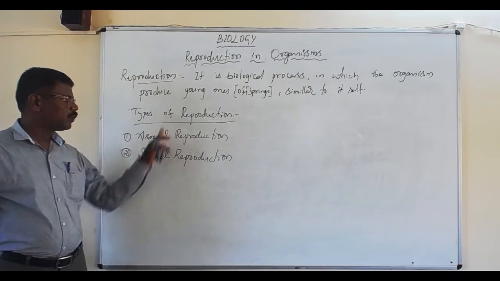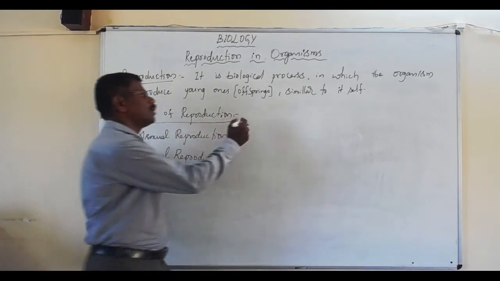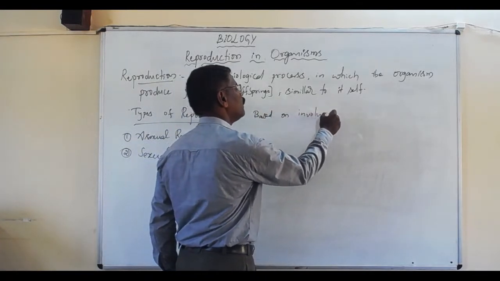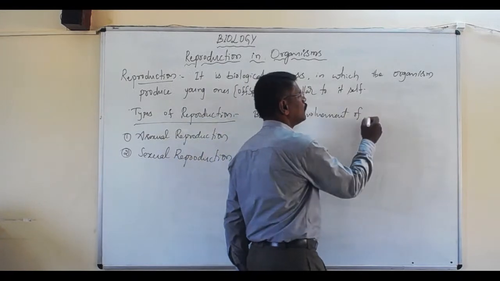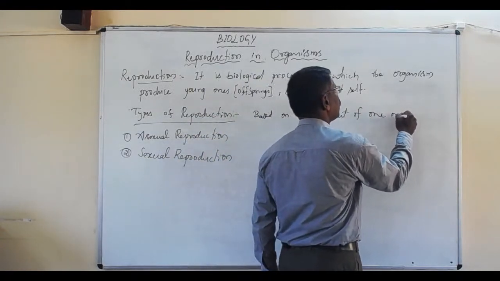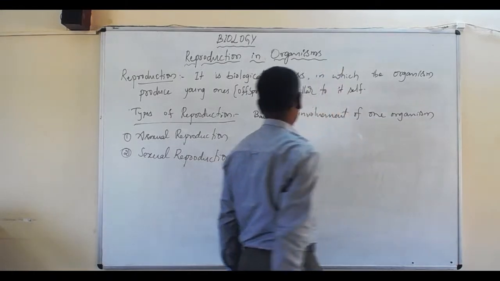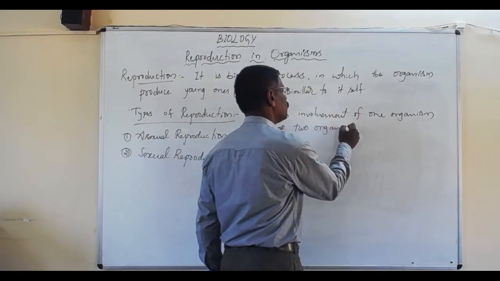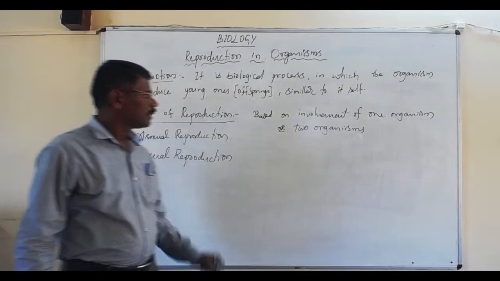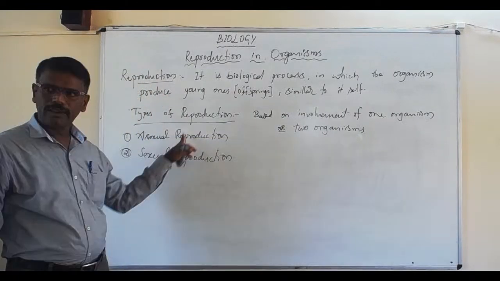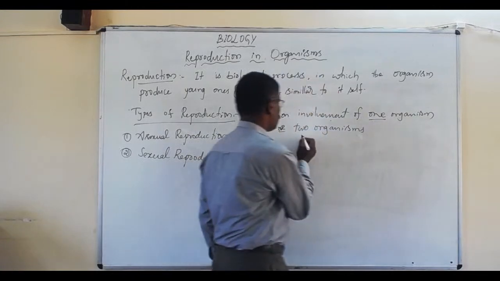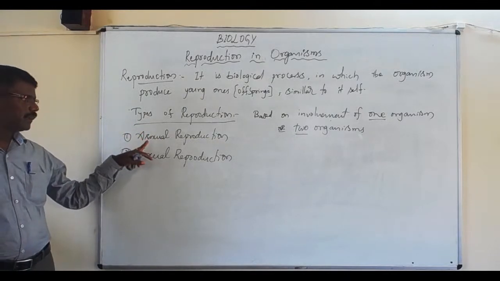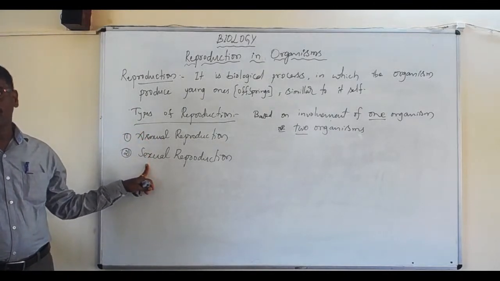These are the two types of reproduction, based on the involvement of one organism or two organisms.